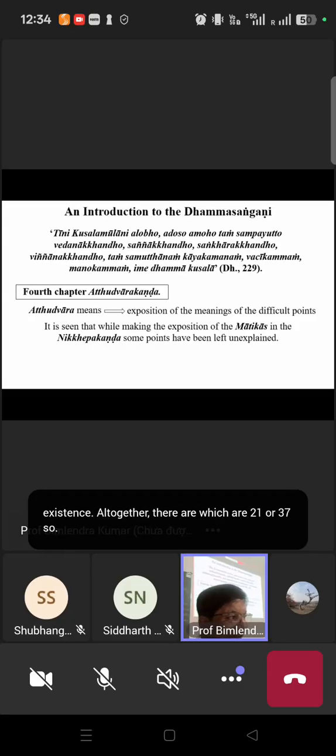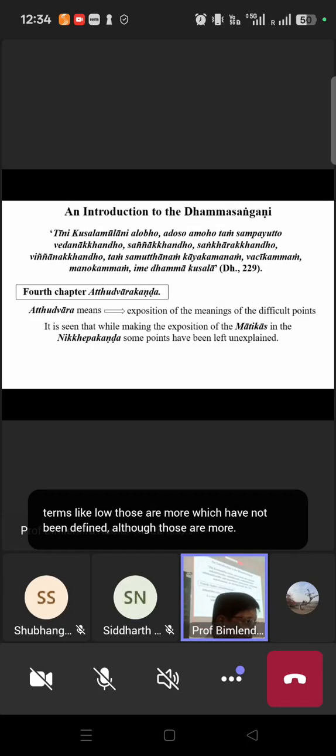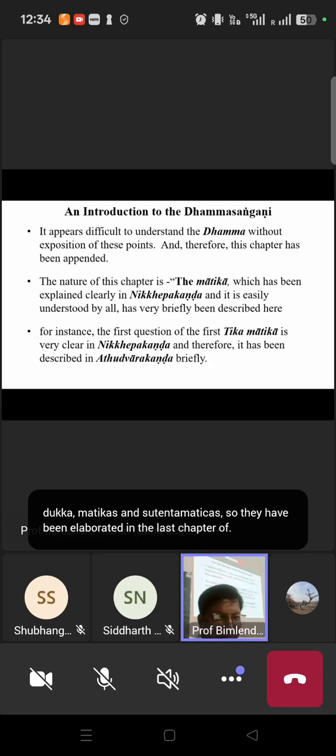The technical terms like lobha, dosa, moha, alobha, adosa, amoha, which have not been defined in a detailed manner, have been defined here in the fourth chapter. So this Atthadvara Kanda also discusses the 22 Tikamatikas, 100 Dukamatikas and Suttantamatikas. They have been elaborated in the last chapter of the Dhammasangani.